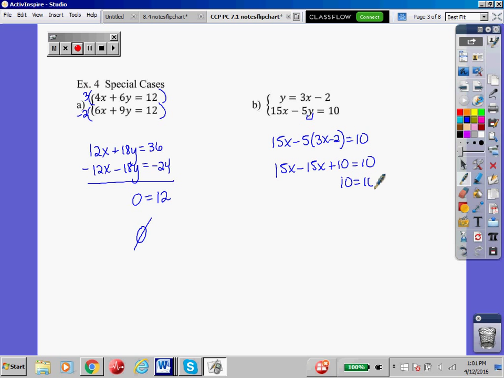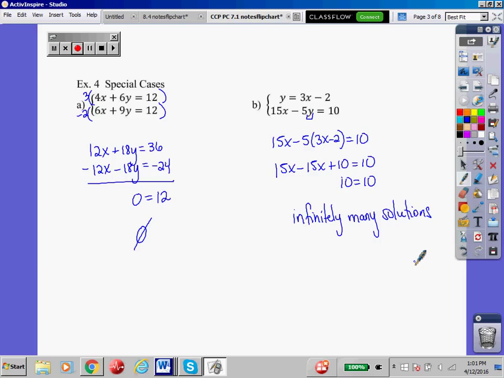I get 10 equals 10. It's infinitely many solutions. Unfortunately, I don't have a symbol for this. And don't think it's all real numbers, because it's actually not all real numbers. It's not anything I want. It's every distinct point on that one line. Okay?